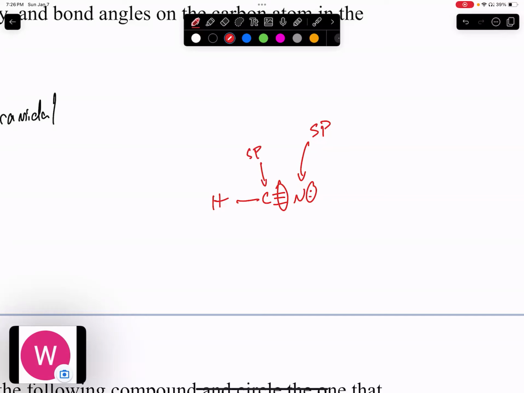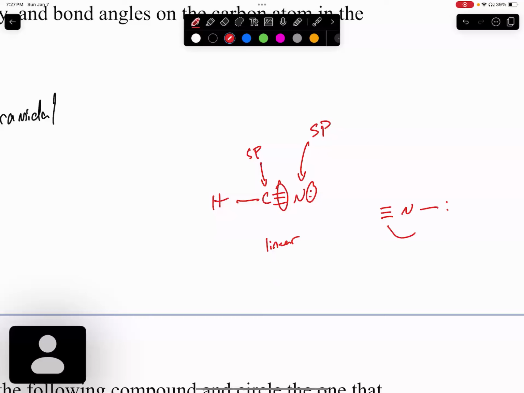What would the geometry of this be? Would it be linear? Yes, it would be linear. And so what would the angle between the triple bond of the nitrogen and this lone pair be? 180?